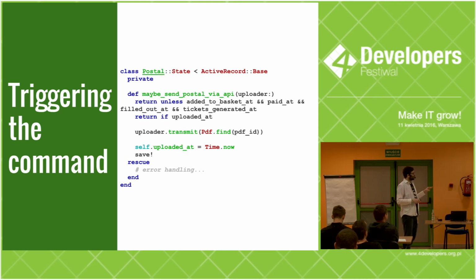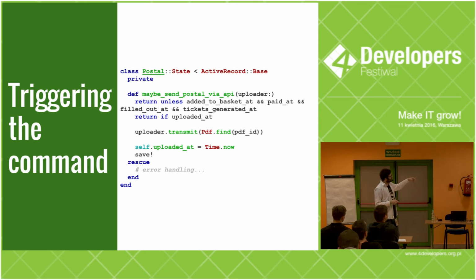And here's one problem with that. This method needs the uploader, needs this object to call the command, which is transmit in our case. So we need the uploader. And where does it come from? Okay, we have it here, but where does it come from here? Well, someone had to pass it to us.